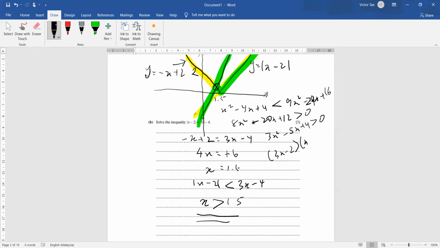This is 2. I made some mistakes. Divide by 4. This is 2, and this is 3. So now it's correct.